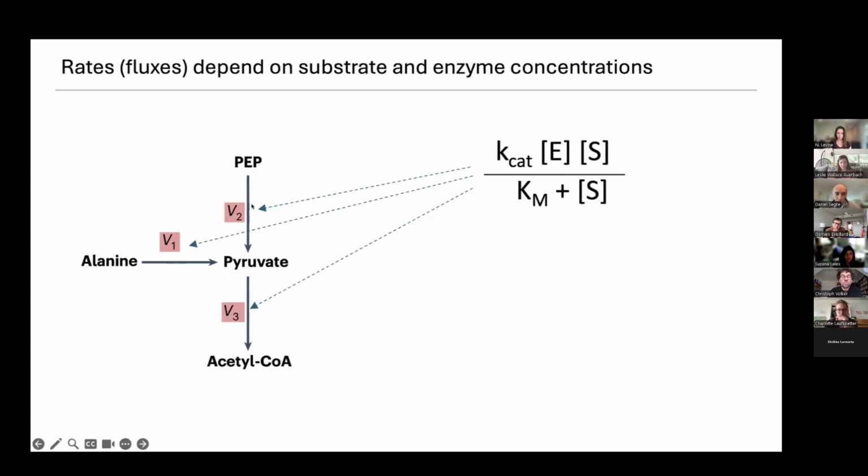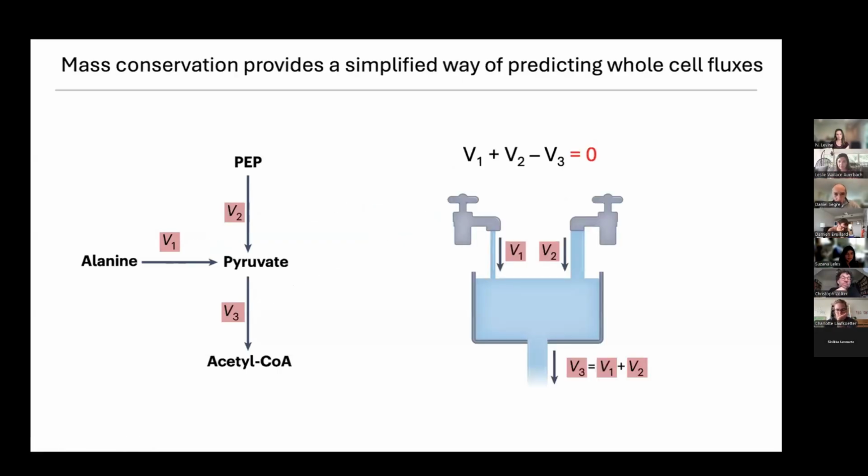But what is important is that each of these rates does depend on the substrate concentration, the enzyme concentration, and kinetic parameters that are typically very difficult to measure. So when you have 1,000 reactions, each of them having a Michaelis-Menten term like this, it would be very challenging, not impossible, but very challenging, to build models that can predict the set of fluxes in a whole cell. But the steady state assumption we heard about before is what makes this problem tractable.